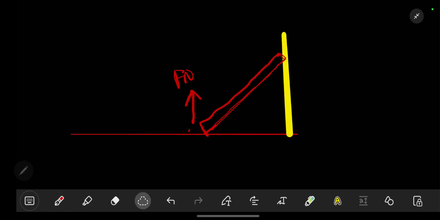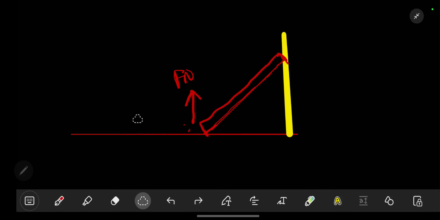Now, at the same time, as it is leaning against the wall, there is a chance that this ladder might slip in this direction, for example if someone is climbing.